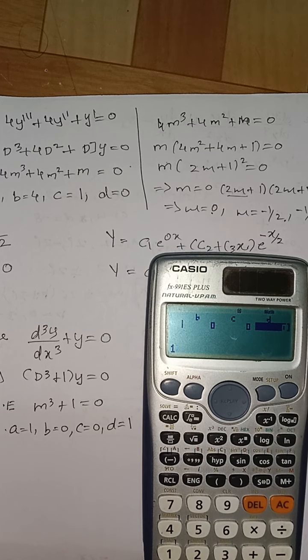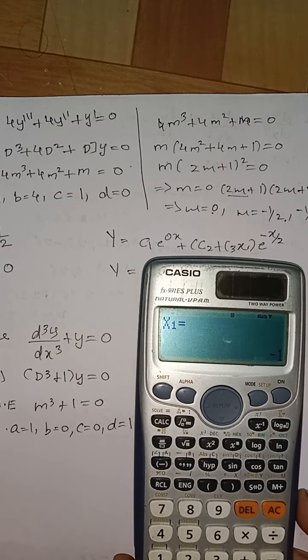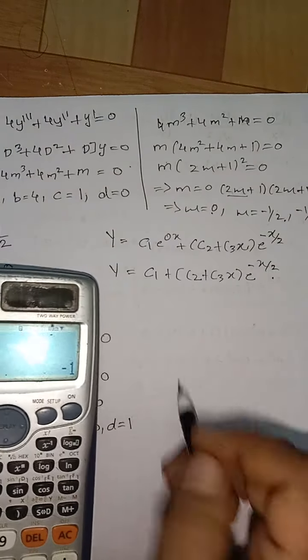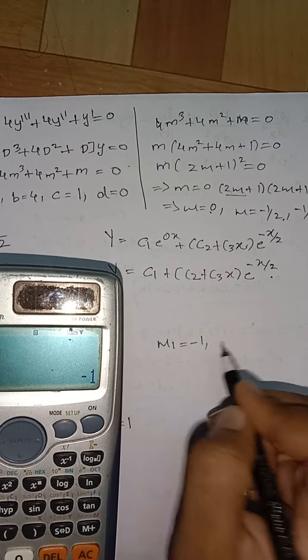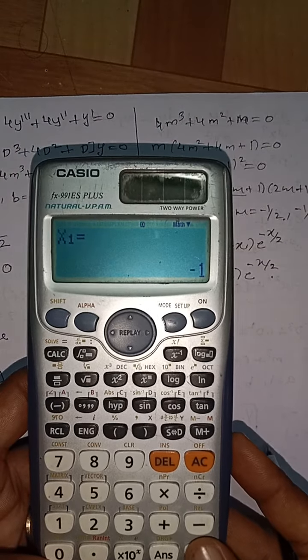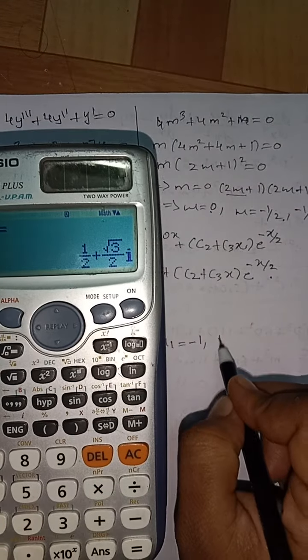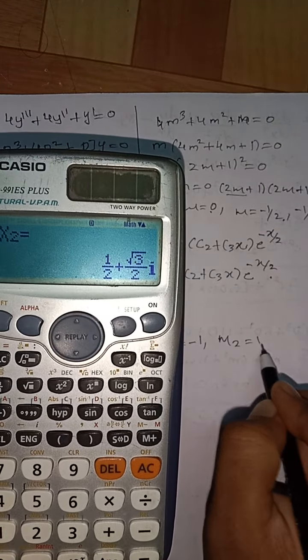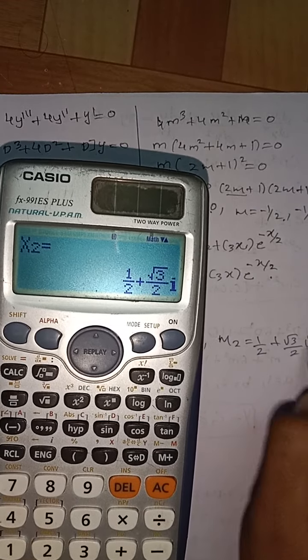Then just check what the roots will be. It is showing x1. It is showing the first root, so let me write m1 equals to minus 1. Then press equals to again. It is showing the second root, m2 equals to 1 by 2 plus root 3 by 2 i.